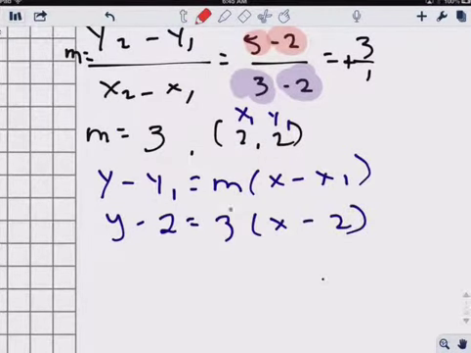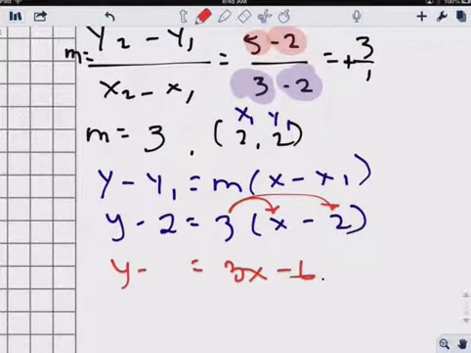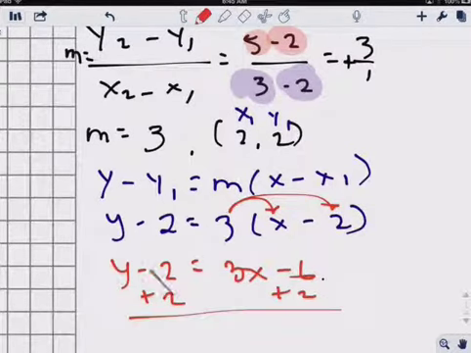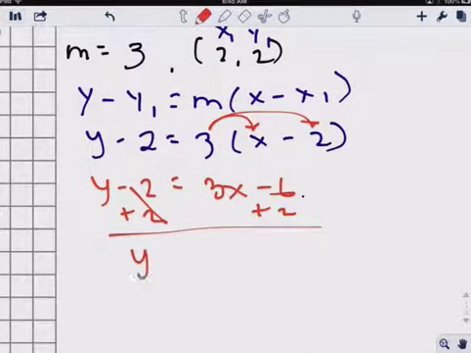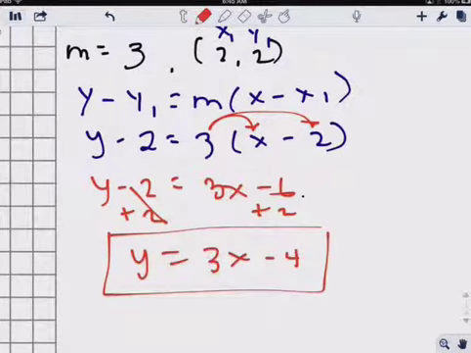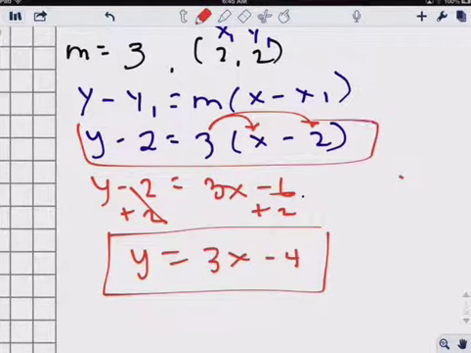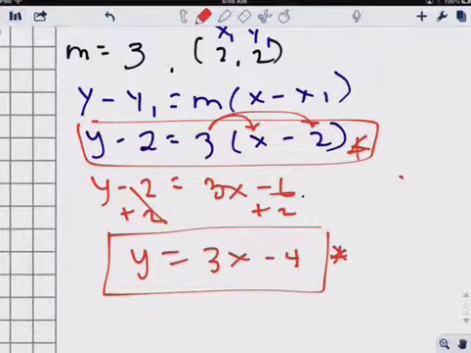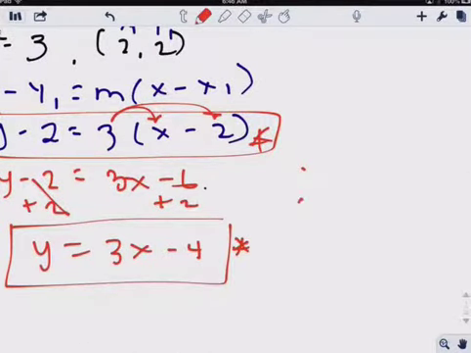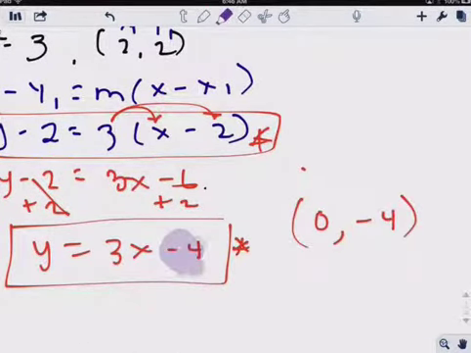Distribute. 3x minus 6 equals y minus 2, plus 2 plus 2. Cancel that out. Y equals 3x minus 4. Point slope for that one, slope-intercept for this one here. Your y-intercept is 0, -4.